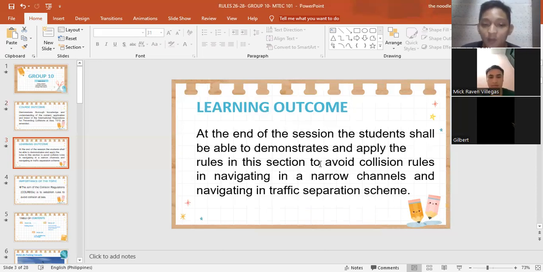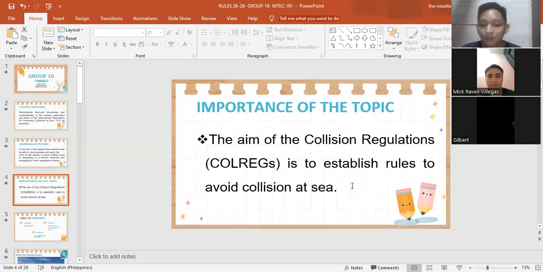We need to apply these rules so that we can avoid collisions. The aim of the collision regulations, or Colregs, is to establish rules to avoid collisions at sea.